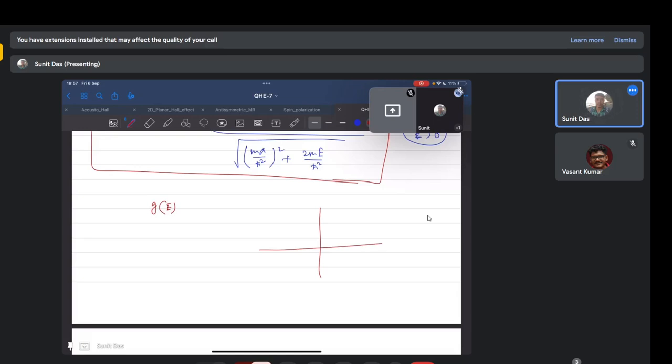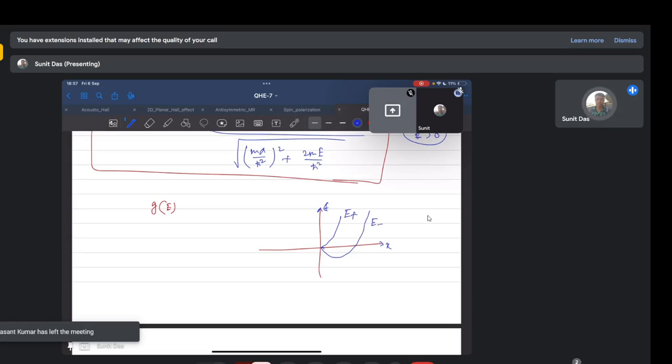So this is the positive energy, E plus, and this is the negative energy, and this is k, and this is simply energy. Now at some energy you need to calculate the density of states, let's say E0.